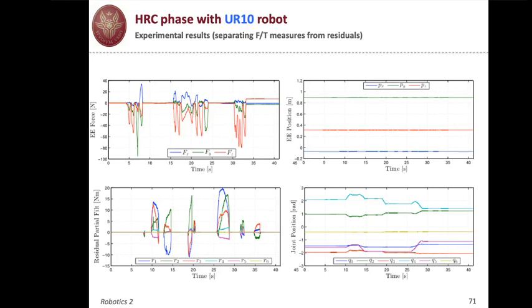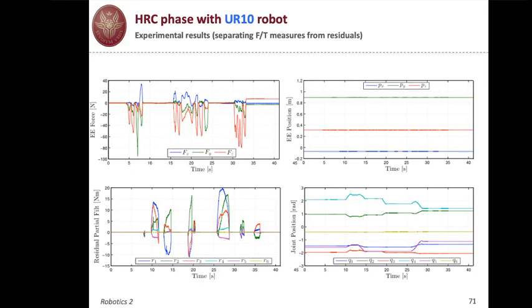Okay, now these are plots that we collected from this experiment. You can see on the 4 plots, upper left is the end effector force as measured, at least the 3 components measured by the force torque sensor, which is an ATI. Below we have the residual signals, partially filtered by the way.